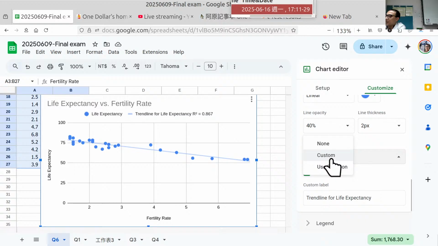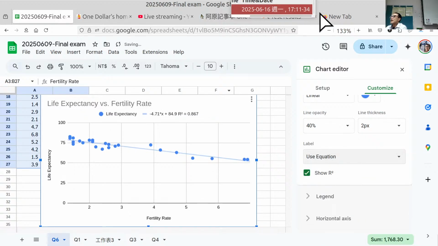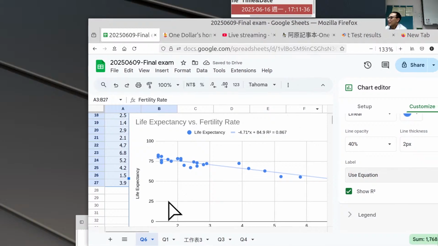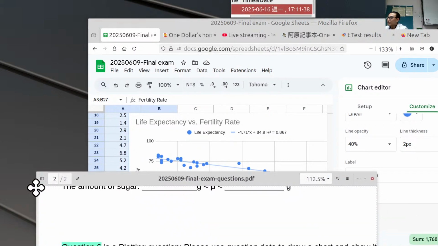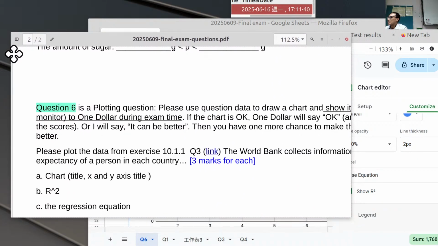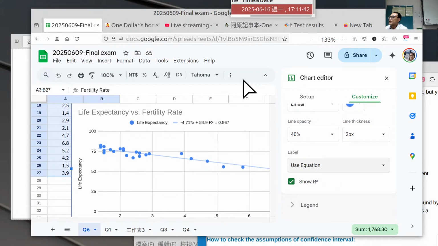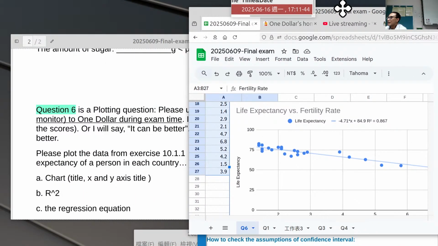Label, custom, use equation, and done. The answer is here. The chart looks like this, and R square equals 0.867. The equation is y = -741x + 84.9.